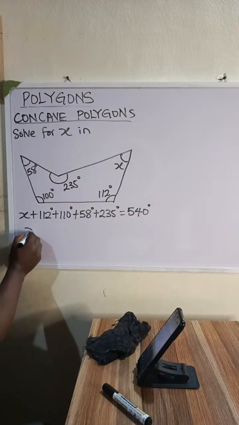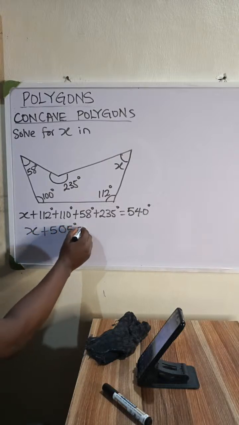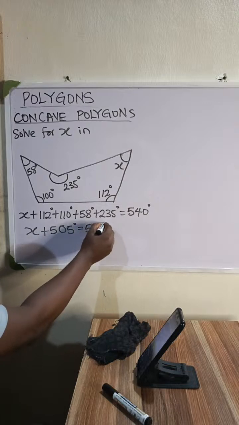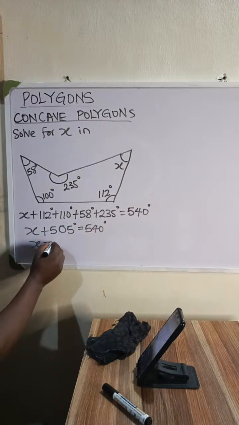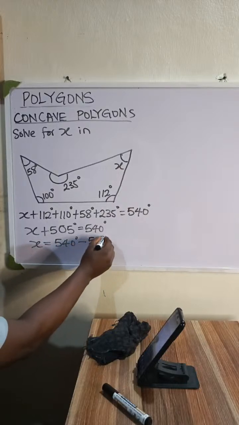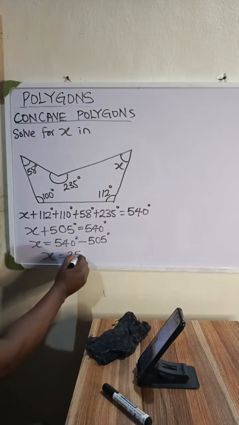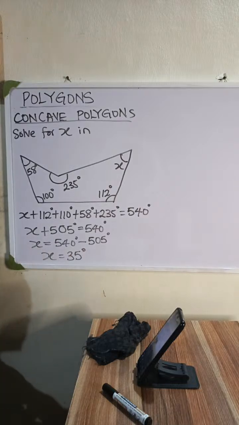So x plus 505 degrees is equal to 540 degrees. x is equal to 540 minus 505 degrees. x is equal to 35 degrees. Okay, very good. So whenever you see a question like this, you should not be scared. Just the understanding of interior angles of a polygon will give you a way out to solve it.